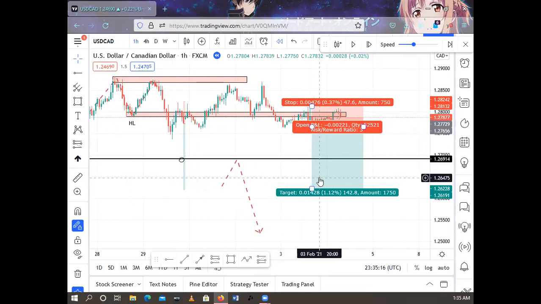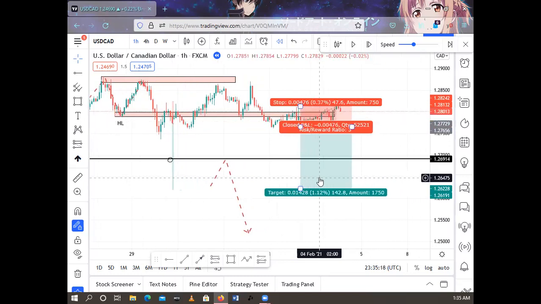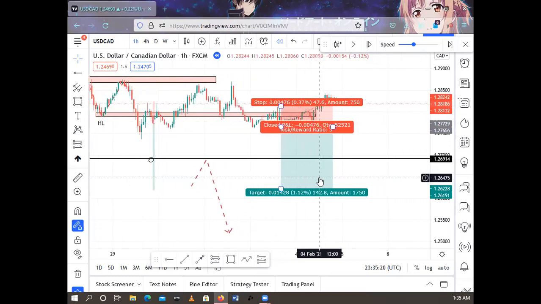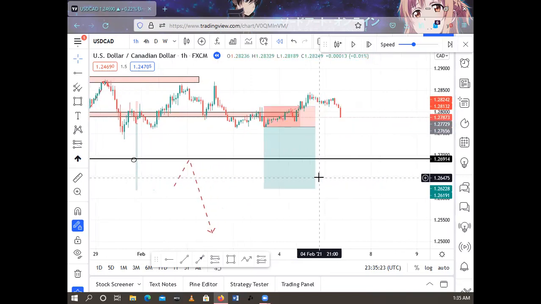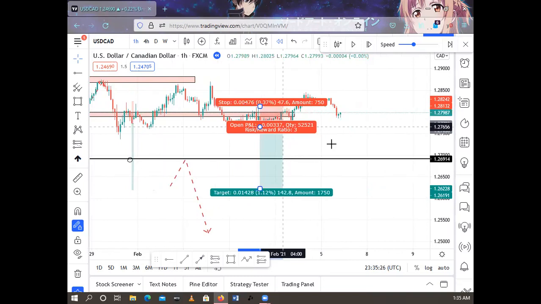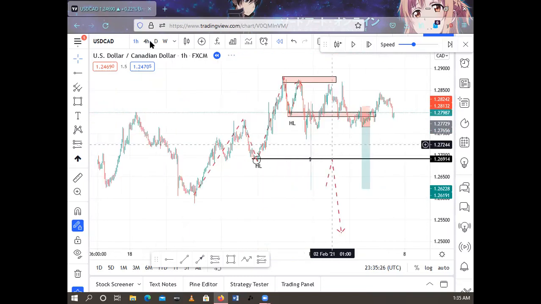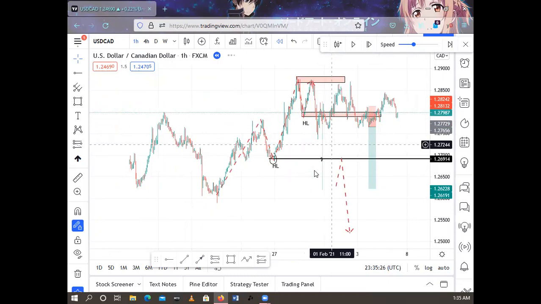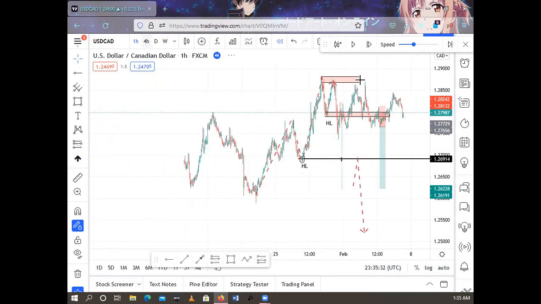We're still getting the same reaction from the previous one here, right? Let us just see how price is reacting from this point on.